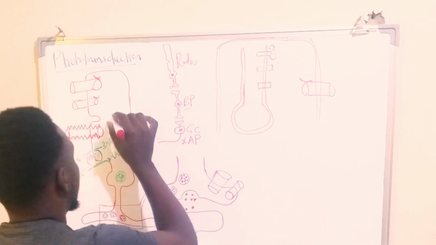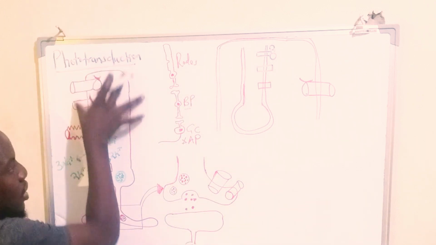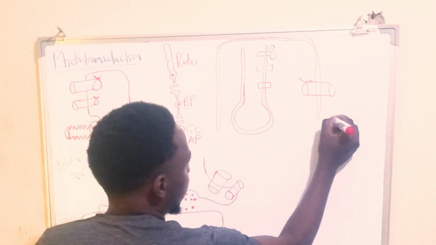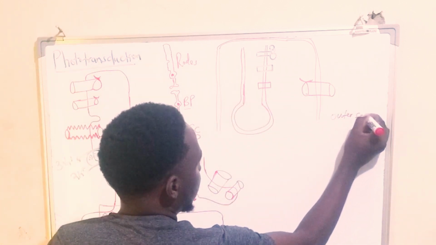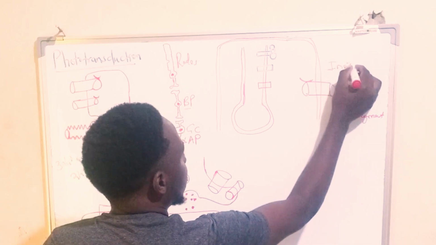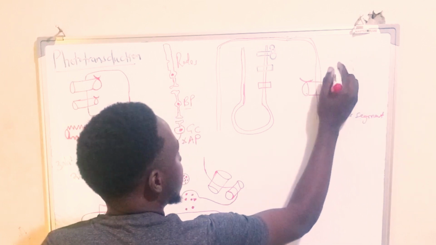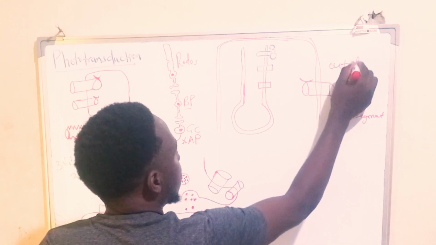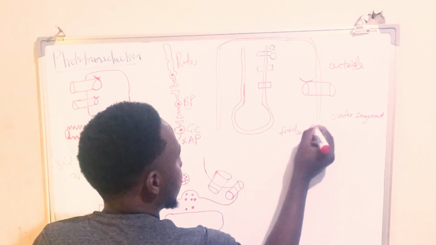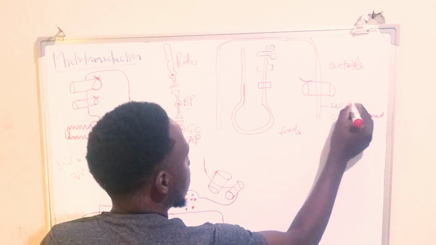If you zoom in on the outer segment, you're going to have this. This is our outer segment, this one is the outside, this one is the inside, and this one is the cell membrane.